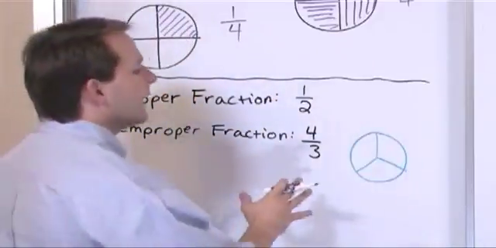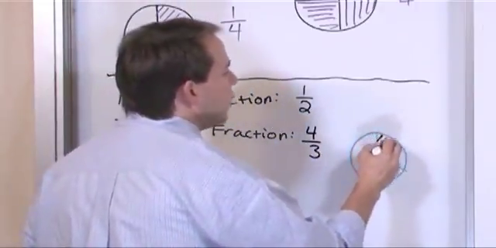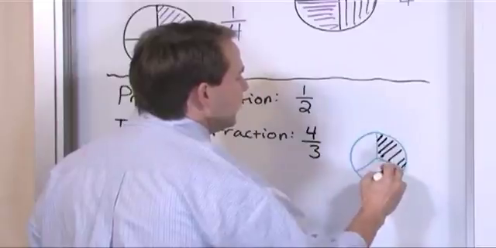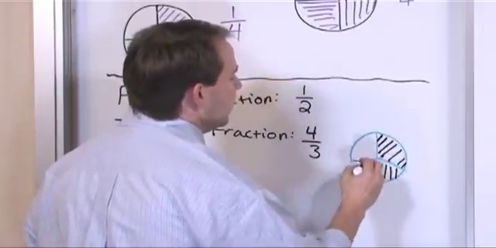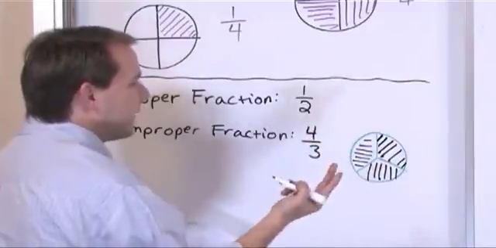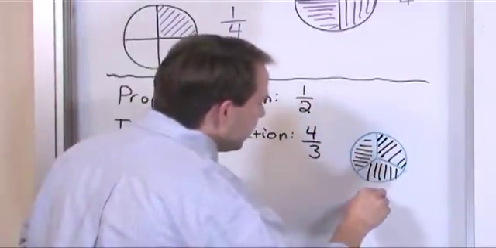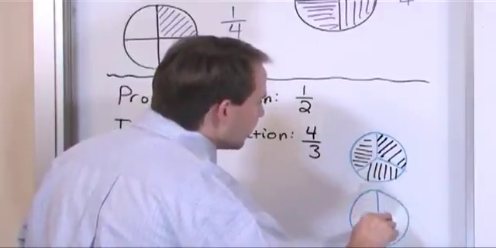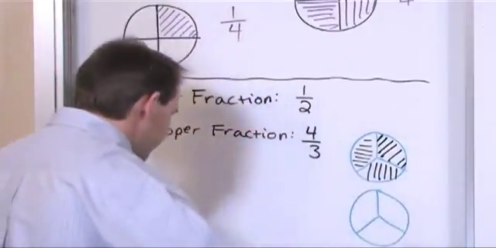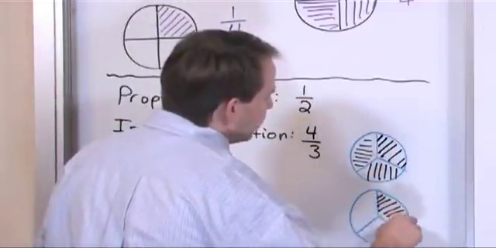So what this is saying is I go over to the table where I've cut this pizza into 3 pieces, and I take 1 piece away, 2 pieces, 3 pieces, but here I'm being told that I actually have 4 pieces. So what this means is that there's another pizza here that I've also cut into 3 pieces, and to get my 4th piece, I actually take it from another pizza.